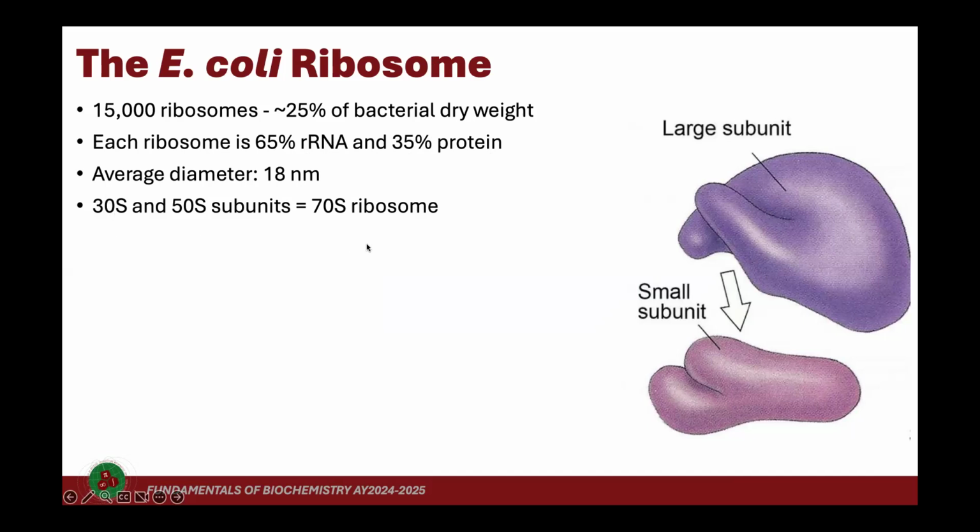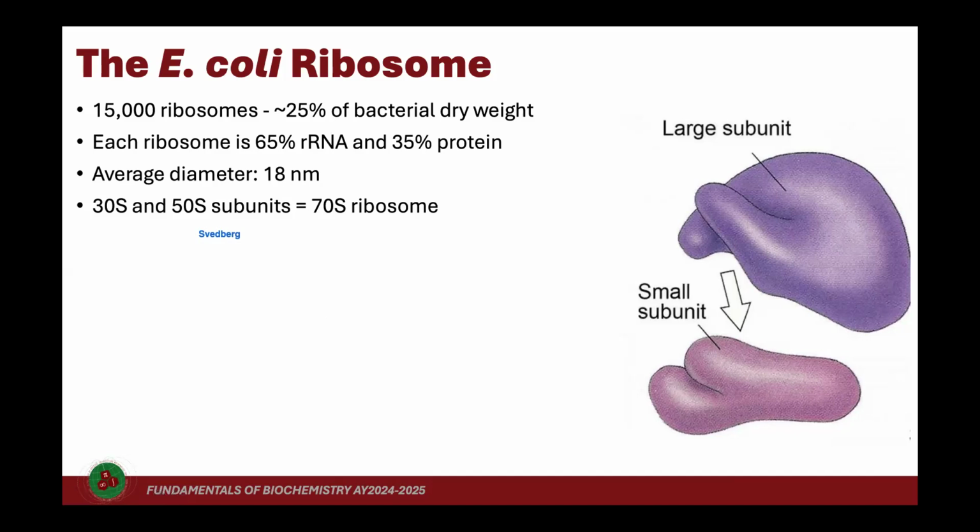And then there are two subunits, the 30S for the small subunit and 50S for the large subunit. And if they combine together, you get a 70S ribosome. Now, S here stands for the Svedberg unit, which is related to the sedimentation coefficient of molecules.